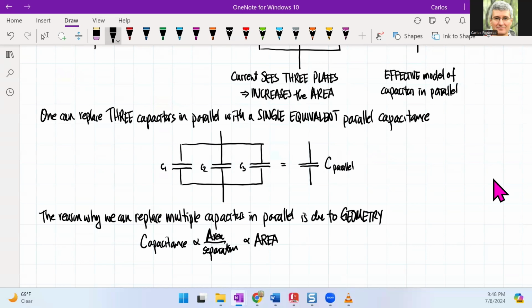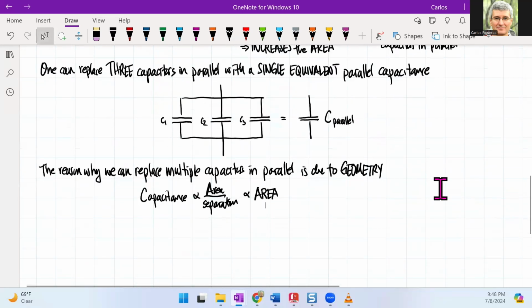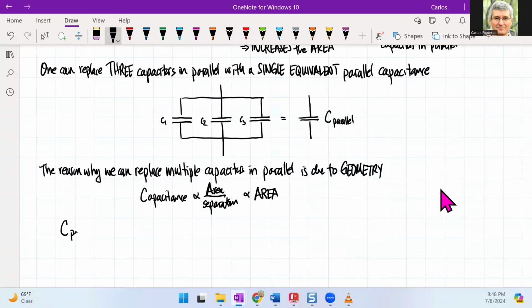Since parallel increases the area, the capacitance for a parallel circuit says that the areas add directly.